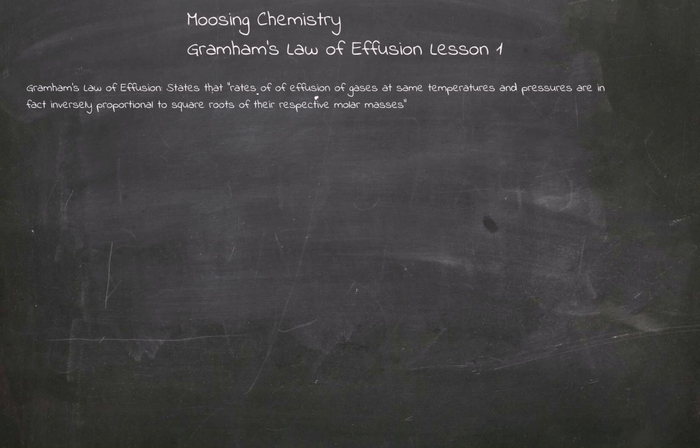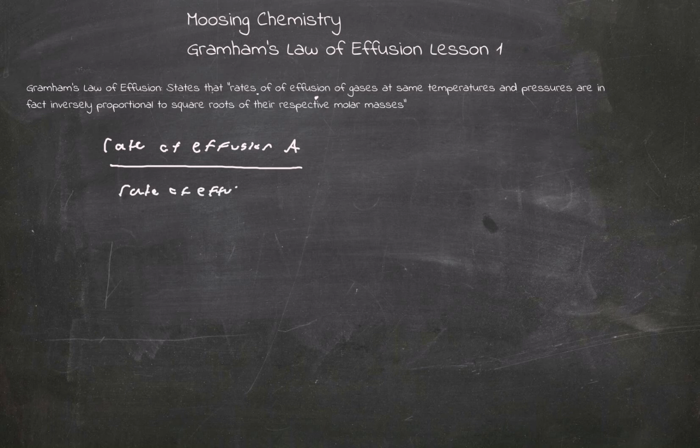Well, first of all, it means this. The rate of effusion A divided by the rate of effusion B. Now remember, we're talking about an inverse proportion.